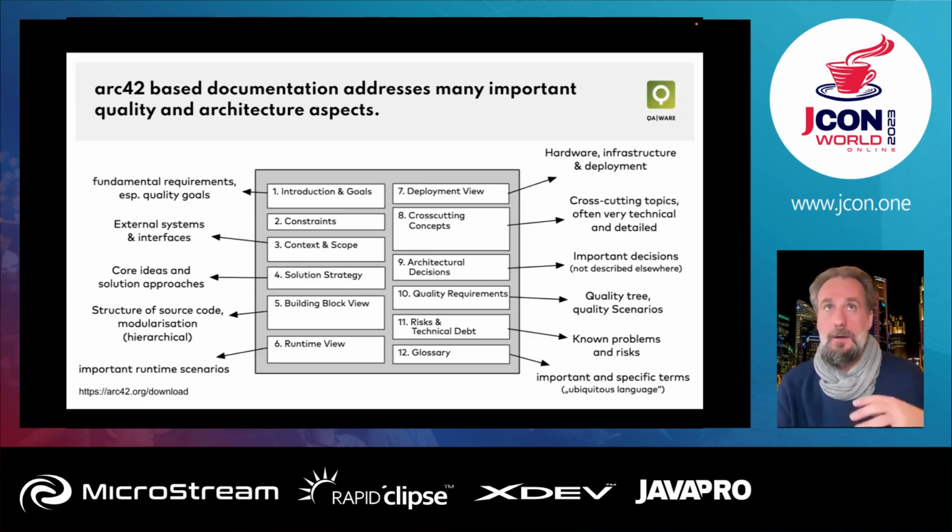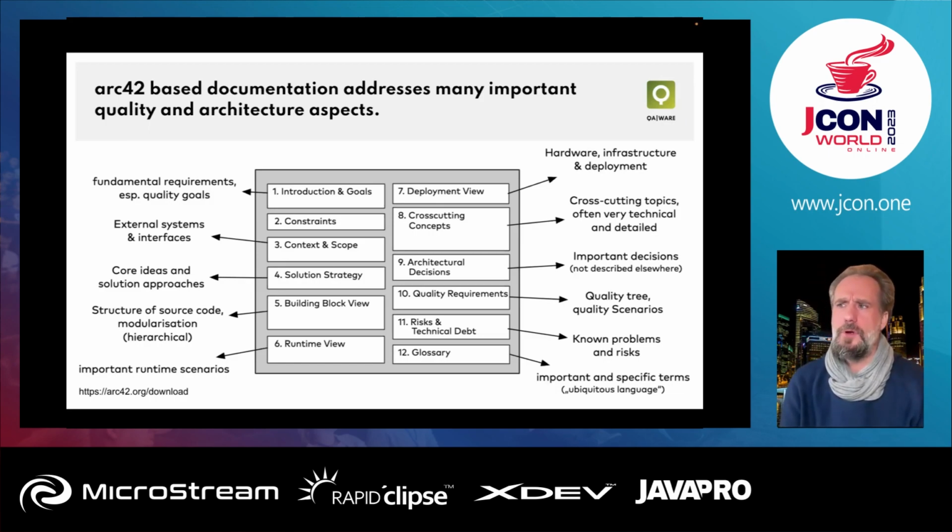Those templates are available in different formats. You have AsciiDoc and Markdown, and you have Confluence format. So many different, very lightweight, modern, state-of-the-art document formats that still address many important quality and architecture aspects that need to be documented, especially in long-lived projects, right?